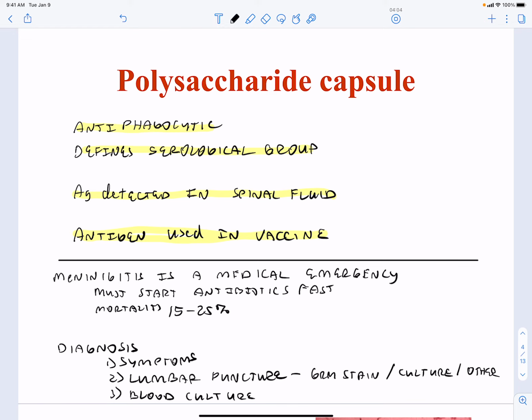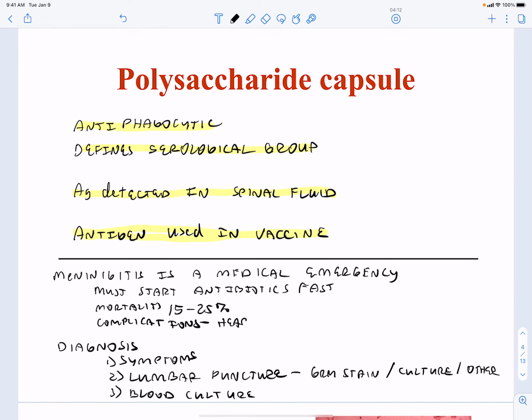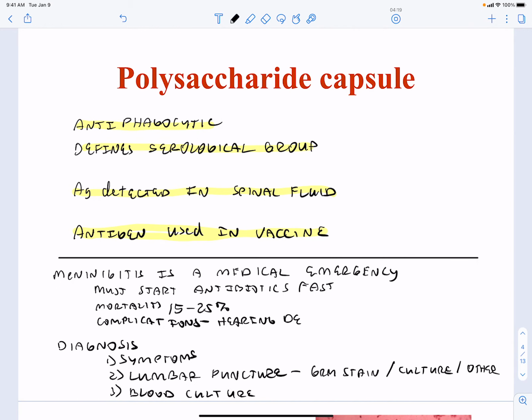And we're also going to have complications. These are going to include hearing defects and mental retardation, some sort of damage to the actual brain.